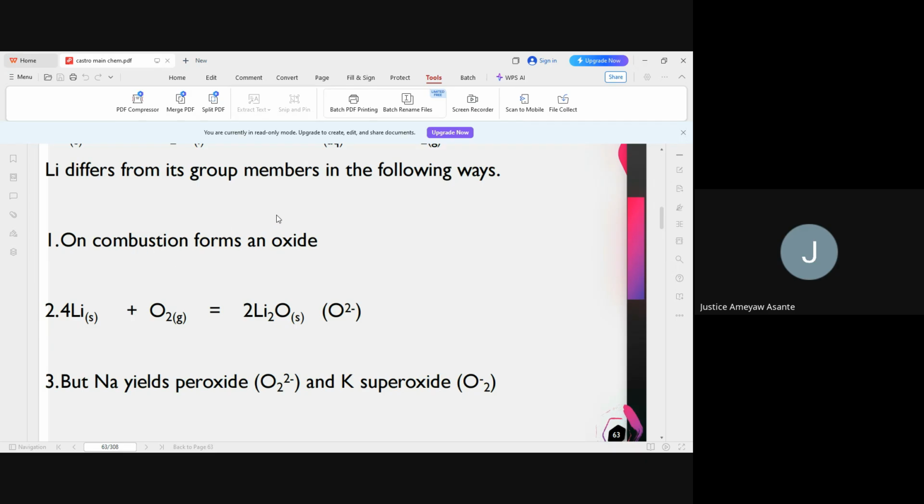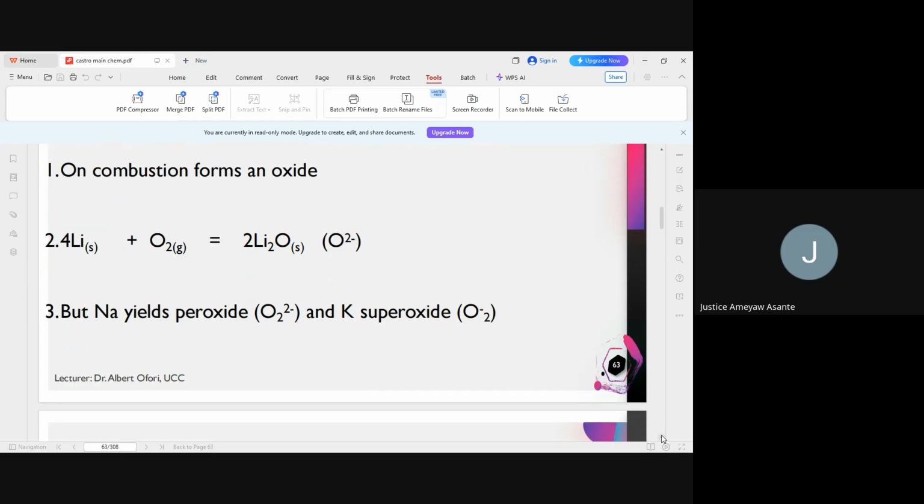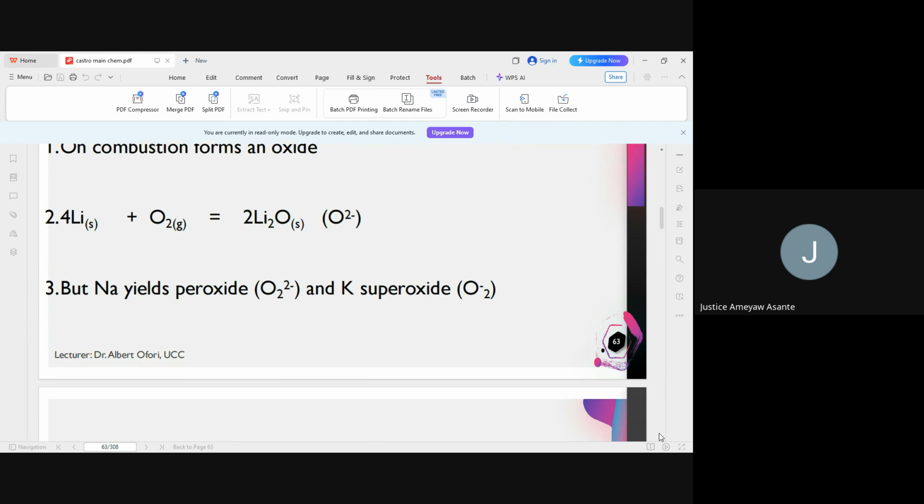So on combustion, lithium combines with oxygen to form lithium oxide. And when you calculate the oxidation state of oxygen, it will give you -2. It cannot form peroxide or superoxide, where the oxidation state of oxygen would be -1 or -0.5.